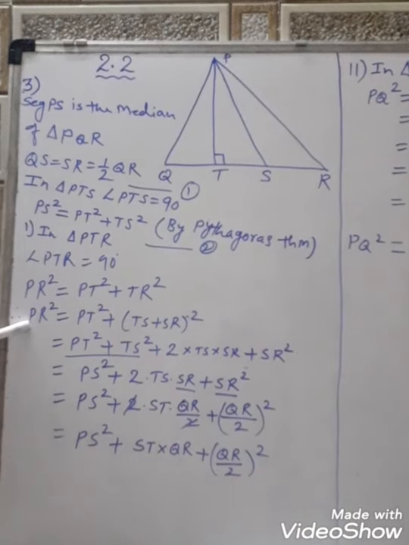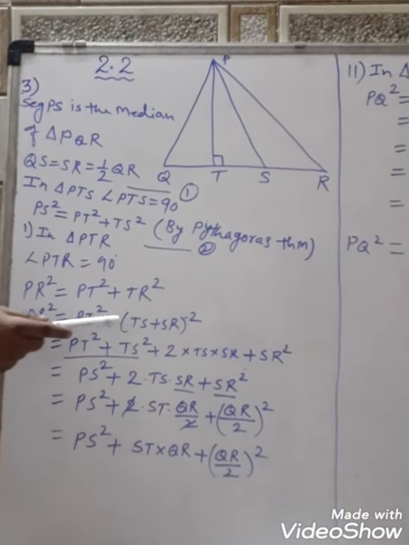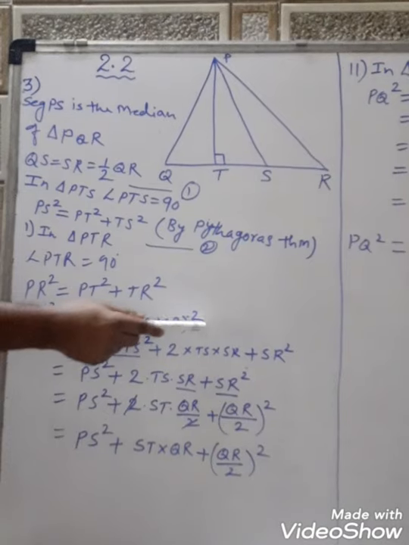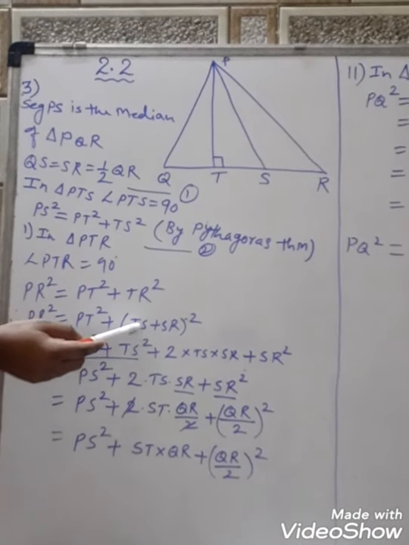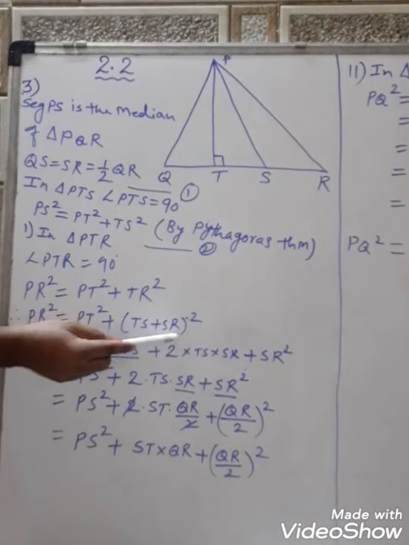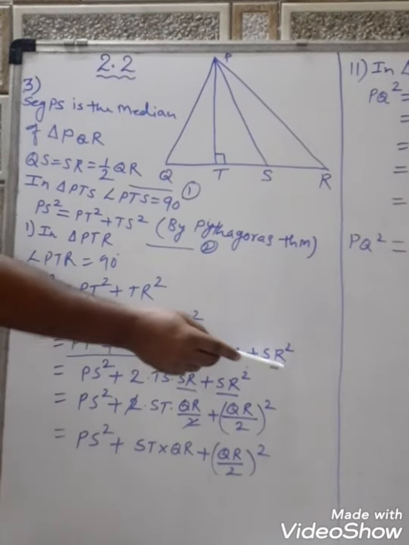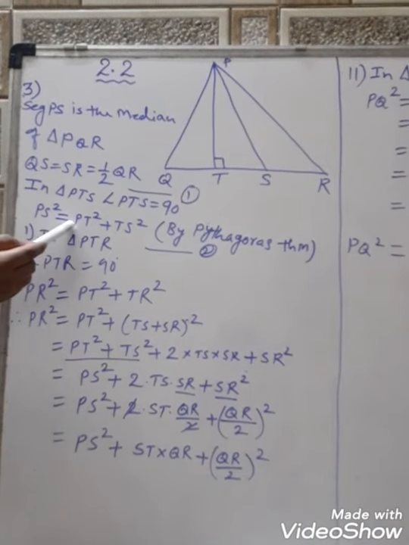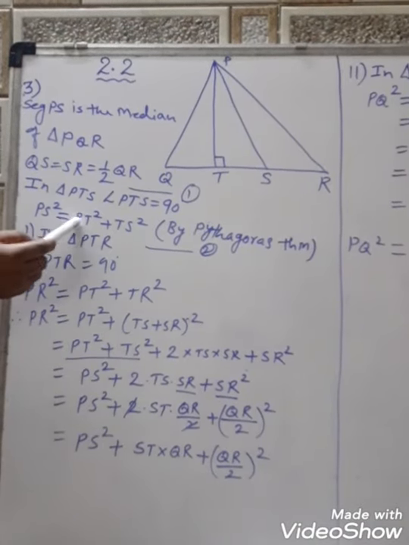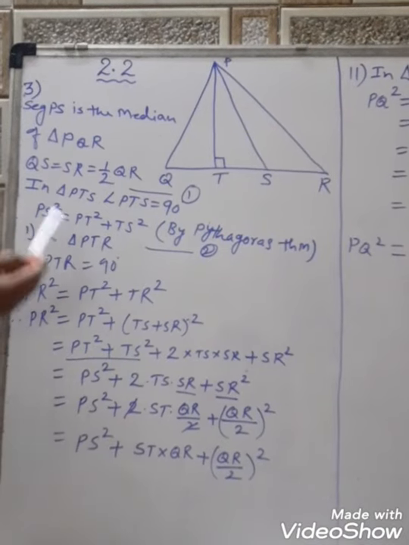So PR square equals PT square plus (TS plus SR) square. Now TS square plus 2 times of TS into SR plus SR the whole square. Now PT square plus TS square, in the second part, we got it as PS square.